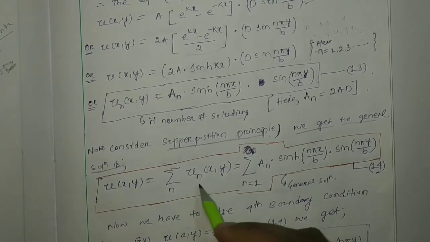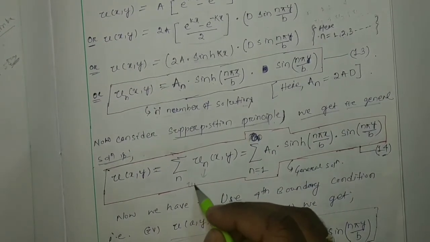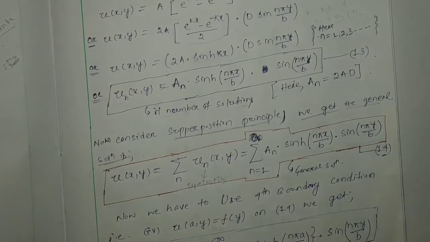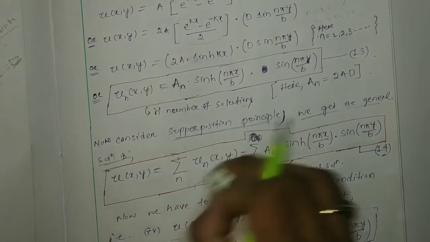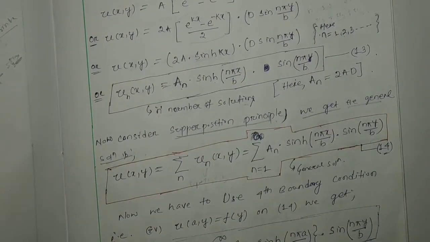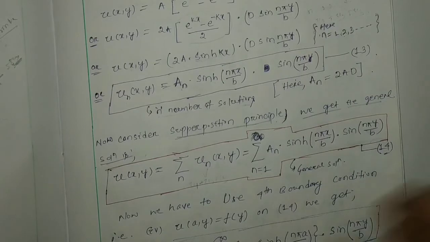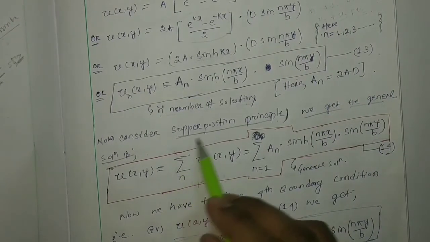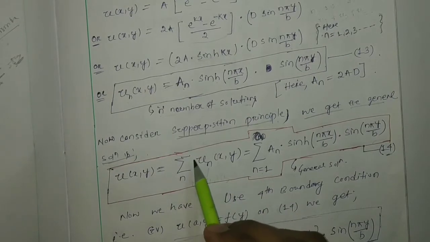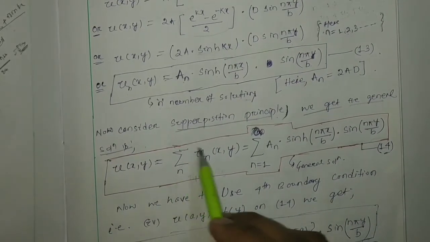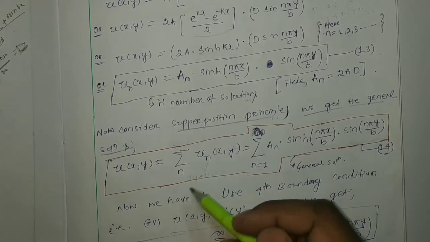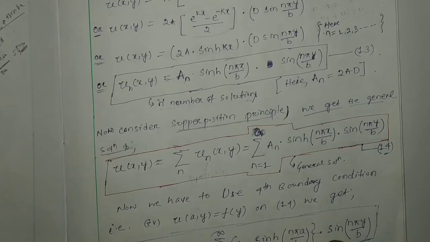That means u1 plus u2 plus u3 and so on, right? I have not written these out, it can be perceived easily, no problem. So by considering the superposition principle, this is nothing but the addition of the solutions for each and every n, right?